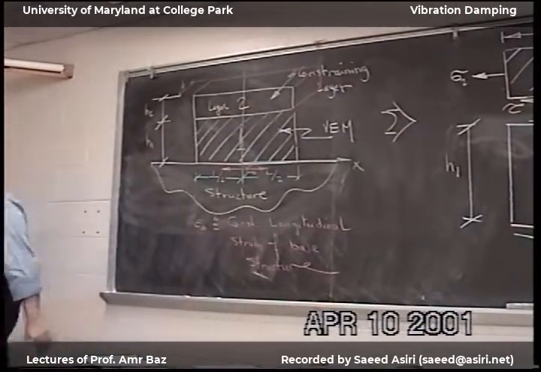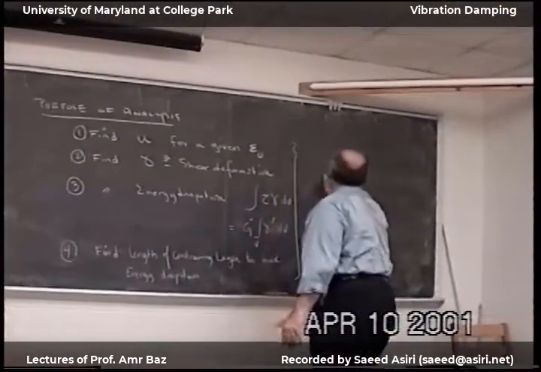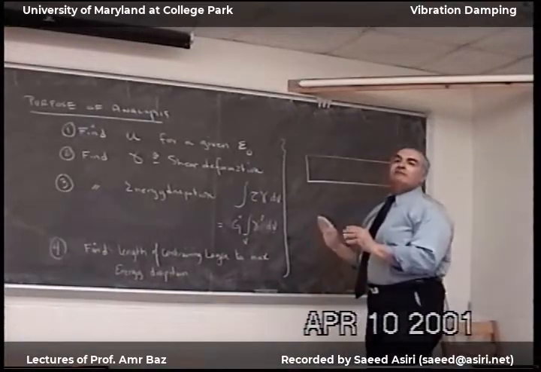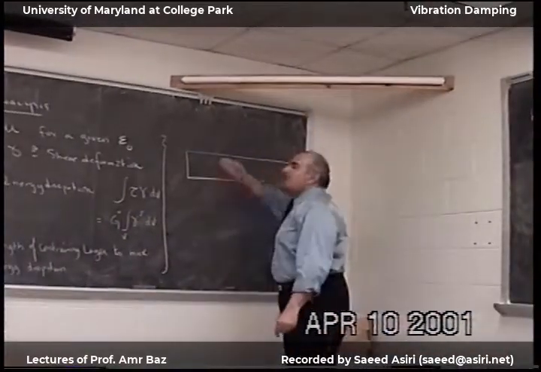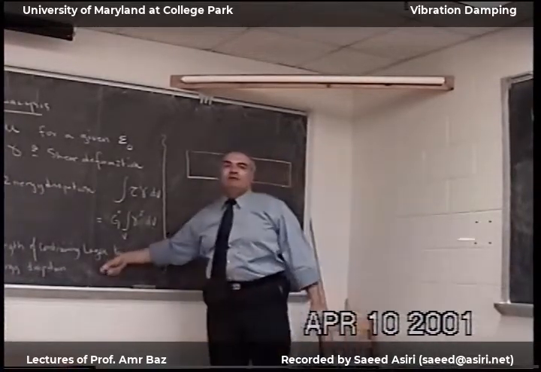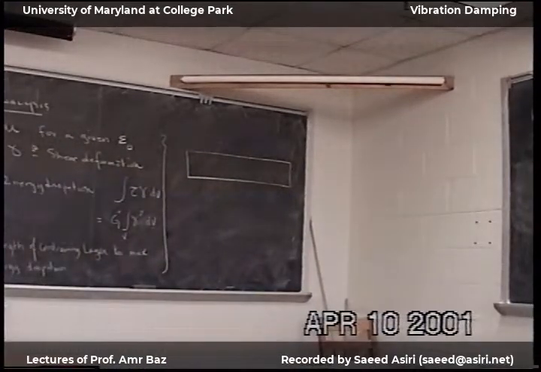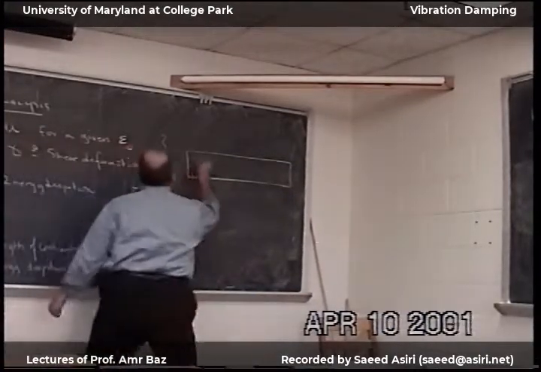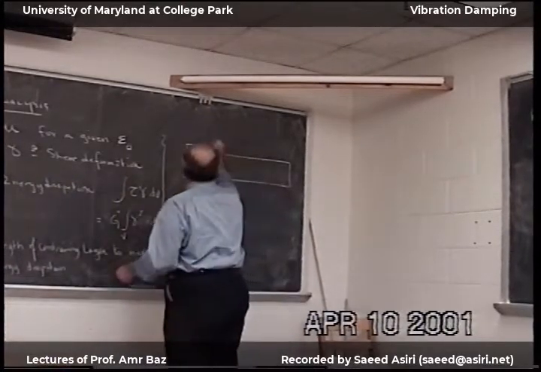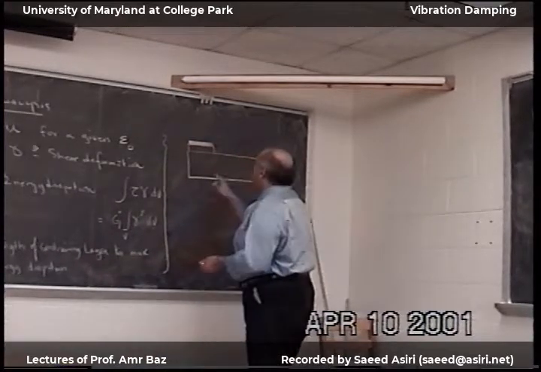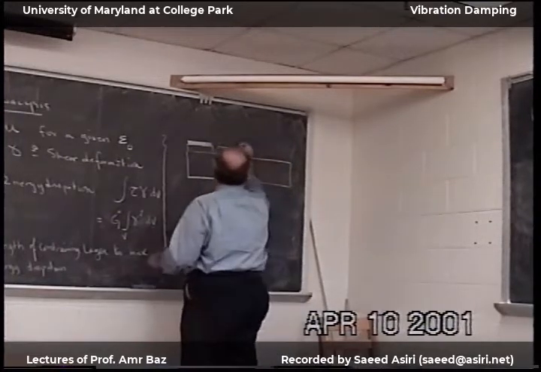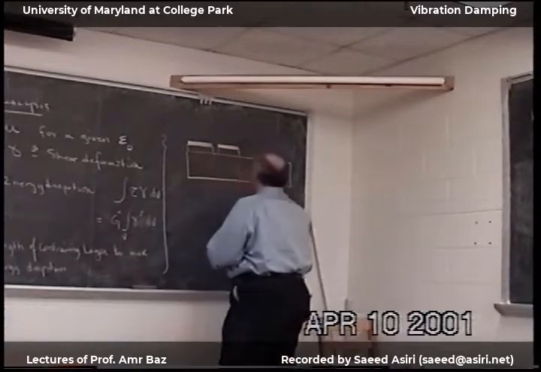The bottom line of all this, if I have a structure and I want to put damping material on it, I don't put damping material all over the structure. Because if I do, it will not be optimal. So we come and do something like this. This is viscoelastic, and then I put the optimum length on it. And then I leave a space and put viscoelastic. And put treatment on it, and so on.